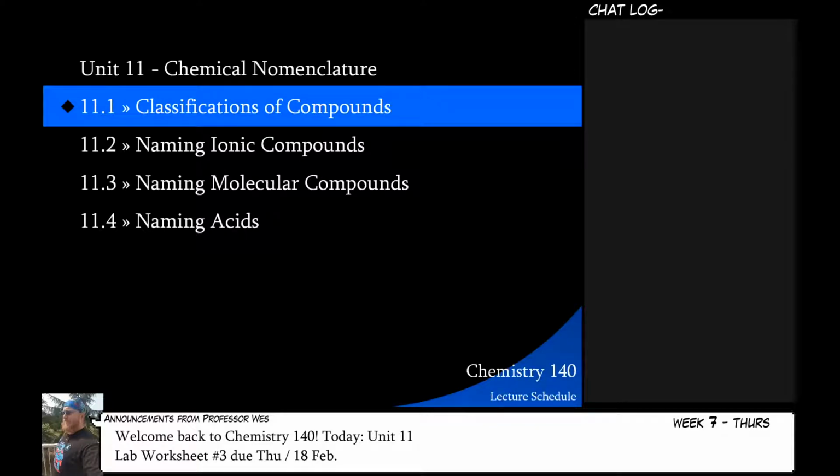All right, so the first section we're going to go into is just which of these 3 types of molecules do you have? And you can see the 3 types of molecules right here. So a molecule is either going to be ionic, molecular, or acid. We're going to devise a naming scheme for each of these categories of molecules.